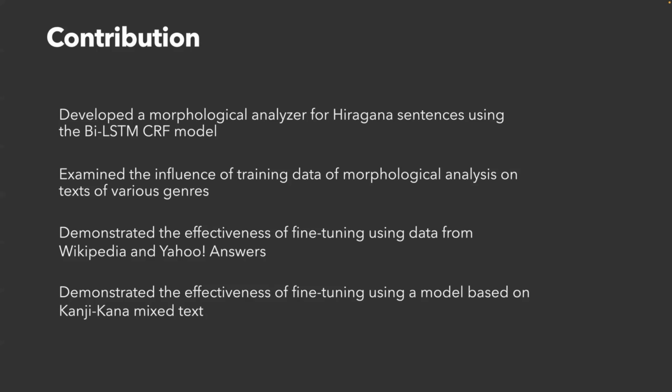Fourth, we demonstrated the effectiveness of fine-tuning using a model based on kanji and kanji-kana mixed text. In the following section, I'll explain the multiple models that we actually created.